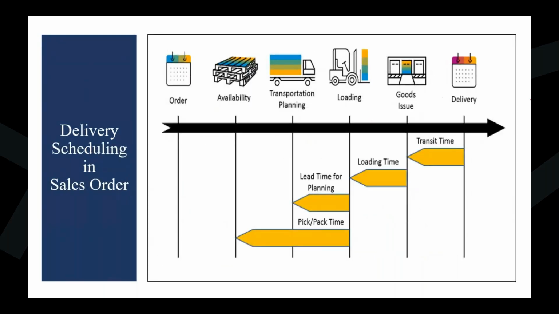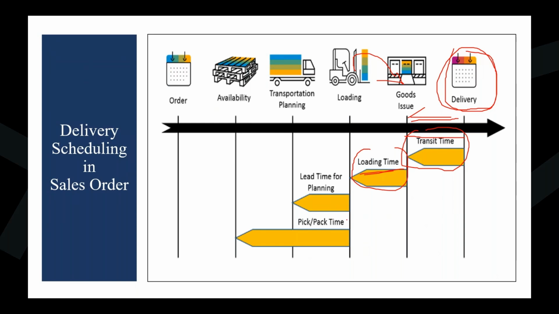So when you create a sales order, you enter a delivery date requested by the customer. Then normally the system will go backwards and take all the times into consideration, like transit time. That means from the date of goods issue, the travel time to the customer place. Then loading time, suppose you have to load the product onto the truck, that loading time it will consider.